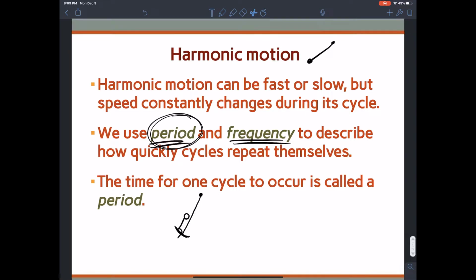What is the time it takes for one swing, back and forth, to take place? All right, that's what the period actually stands for.